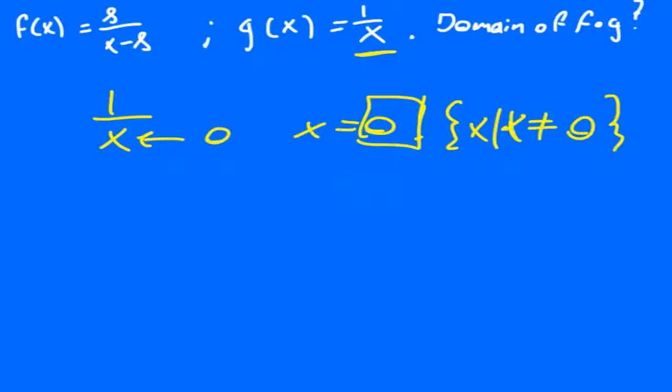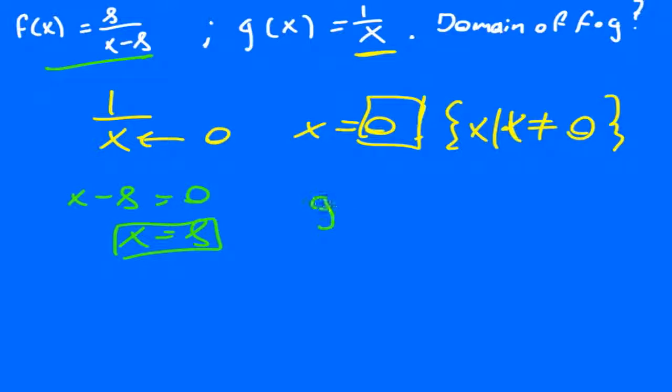Now we want to find the domain of our f of x. So x minus 8 equals 0, and x equals 8. So that's our 0. But since 8 is not in the domain of f, g of x cannot equal 8.